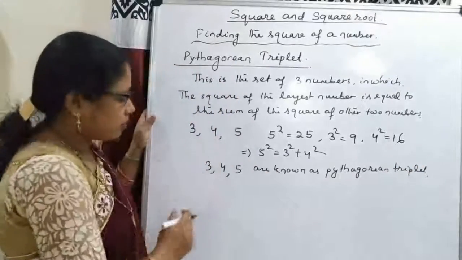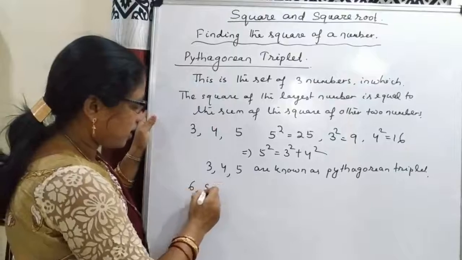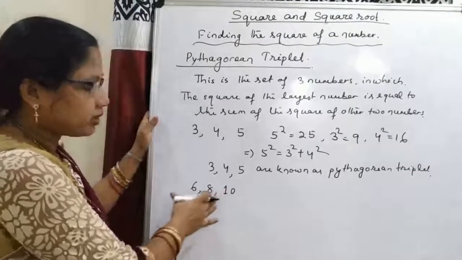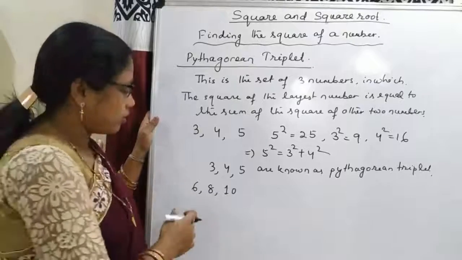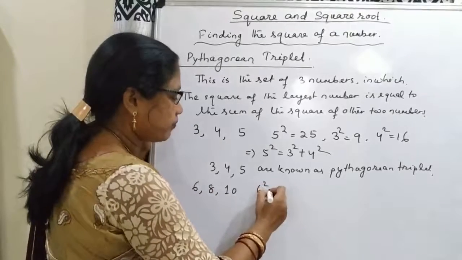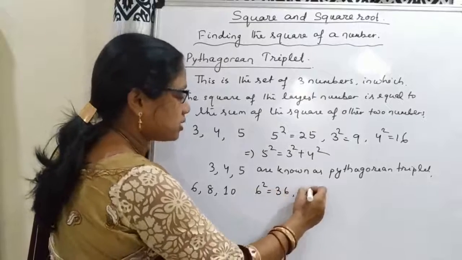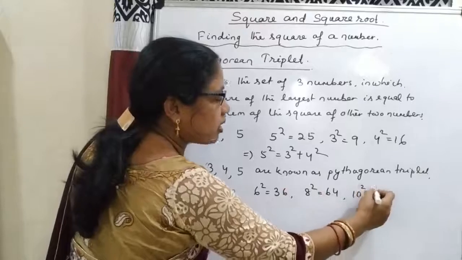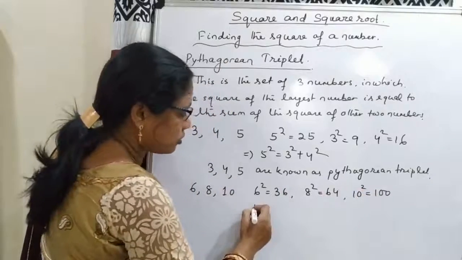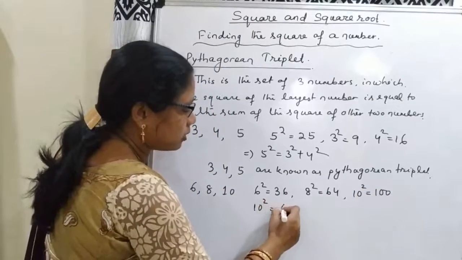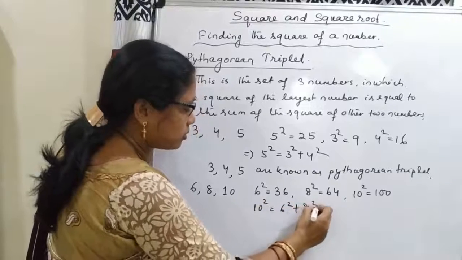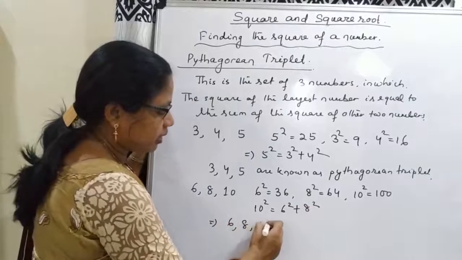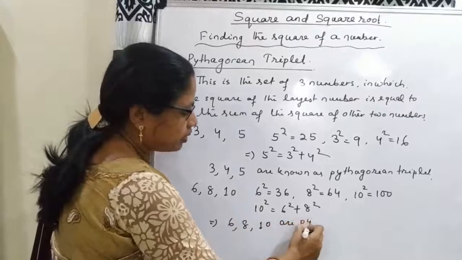Another set of numbers: 6, 8, 10. Let us verify whether they are a Pythagorean triplet or not. 6 square is equal to 36, 8 square is equal to 64 and 10 square is equal to 100. So 10 square is equal to 6 square plus 8 square. So this implies 6, 8, 10 are a Pythagorean triplet.